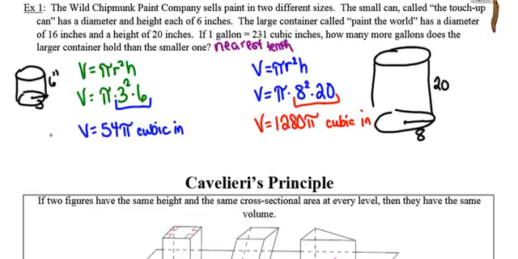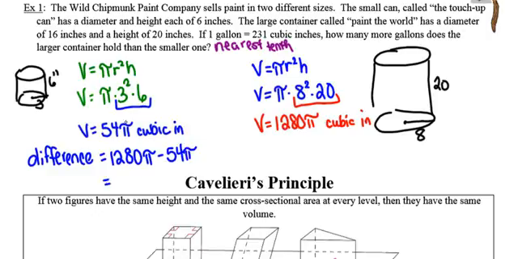So the difference is going to be equal to the 1280 pi, the amount of cubic inches in the larger can, subtract the 54 pi, or the amount of cubic inches in the smaller can. And when I get my calculator out and do that, I find that the larger can contains 1,226 pi cubic inches more than the smaller can. I know that there are 231 cubic inches in every gallon.